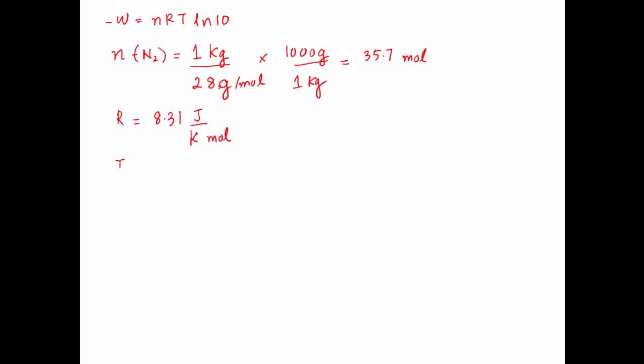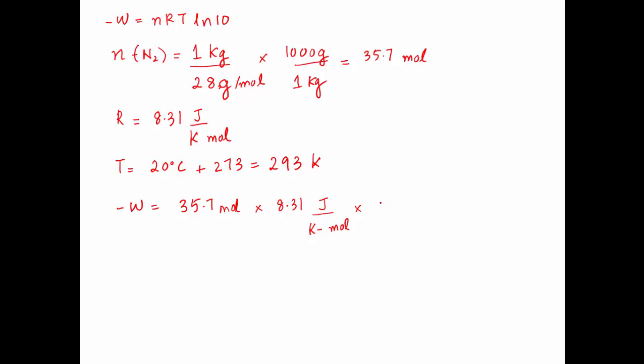We know the temperature is equal to 20 degrees Celsius plus 273 equals 293 Kelvin. So we plug in all the variables. Negative work is equal to 35.71 moles times 8.31 joules times temperature 293 Kelvin times ln 10. Plug in all these numbers, we get 228.7 joules.